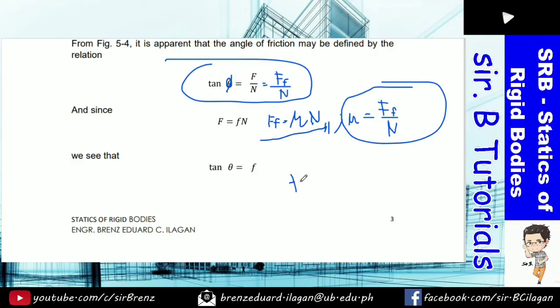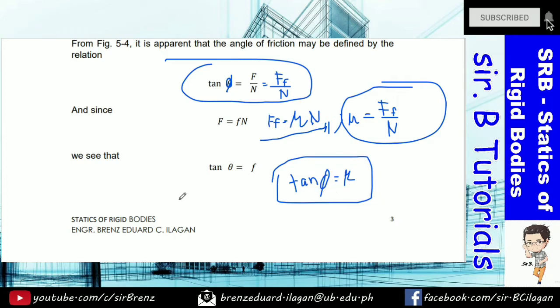Tangent phi is equal to the coefficient of friction. So guys, take note of this equation, the relationship between the angle of friction and your mu, or the coefficient of friction. Okay, so tangent phi is equal to mu.